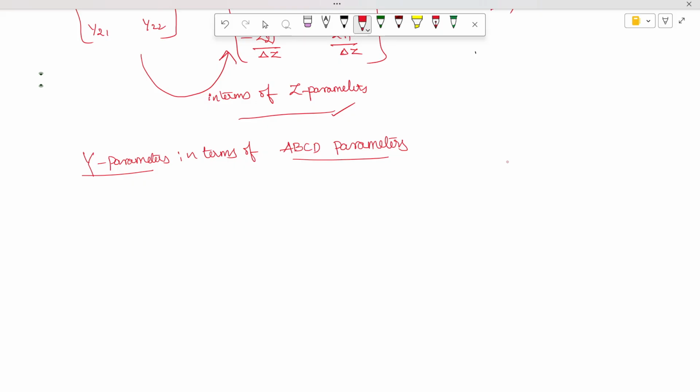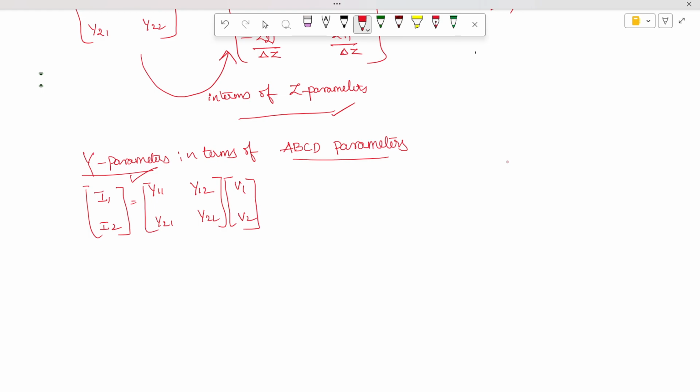First we have to write the y parameters. The formula for y parameters is [I1, I2] equal to [y11, y12; y21, y22] times [V1, V2].